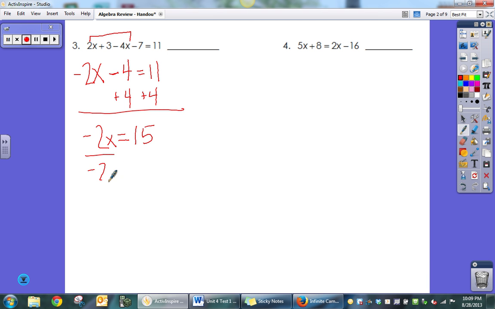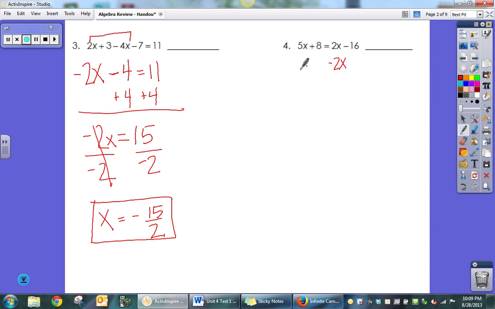And then divide both sides by negative 2. X equals negative 15 over 2. And you could make that into a mixed number, or in this case, since the decimal terminates, you could also use the decimal, but I like to leave them as improper fractions. So negative 15 over 2 is your answer there.